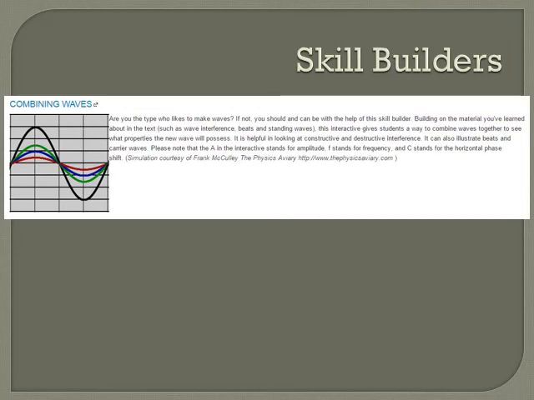This is actually a very good skill builder to get you familiar with waves and some of this wave terminology we've already been talking about. The simulation allows you to add waves, but my suggestion is to first turn off every wave except for one. Just leave wave 1 on there, and then play around with changing the amplitude of the wave and its frequency as well.